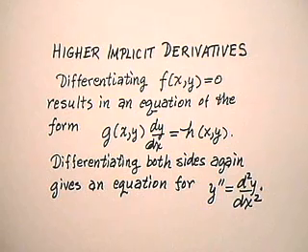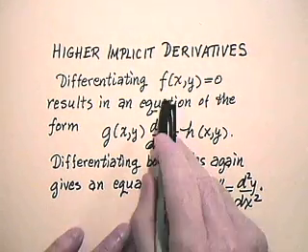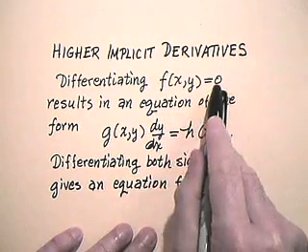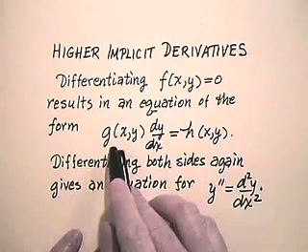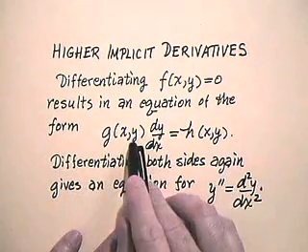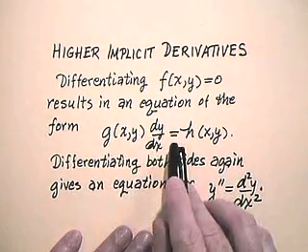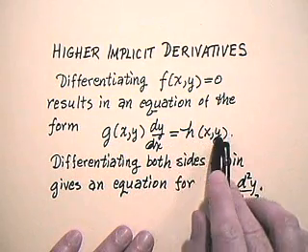Higher implicit derivatives. Differentiating the equation f of x, y equals 0 results in an equation of the form some function g of x, y multiplied by dy/dx equals some function h of x, y.